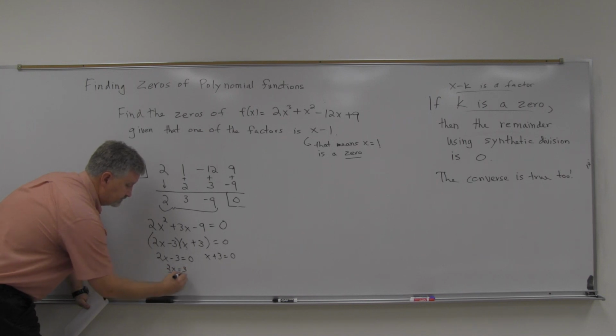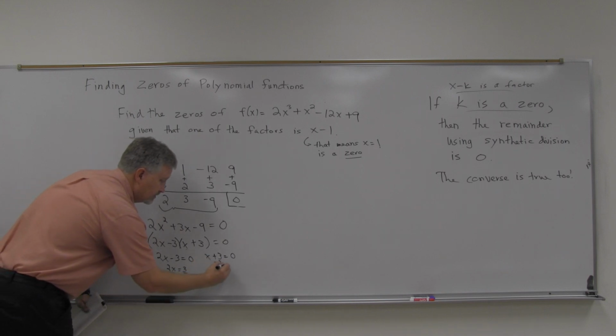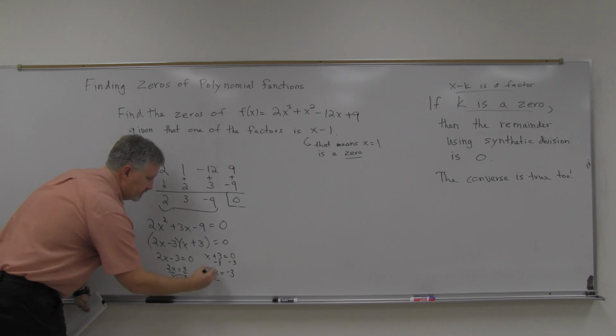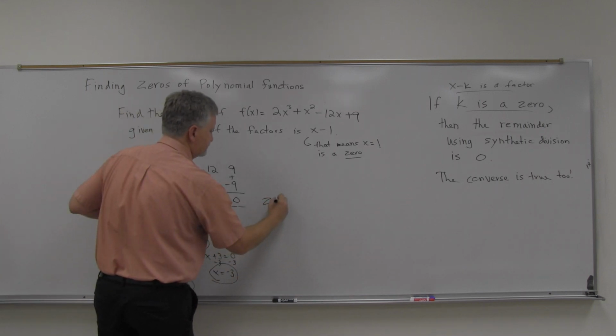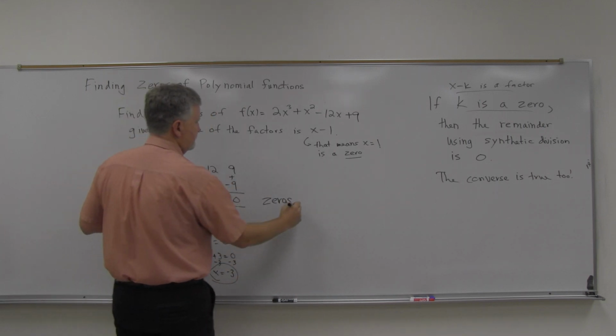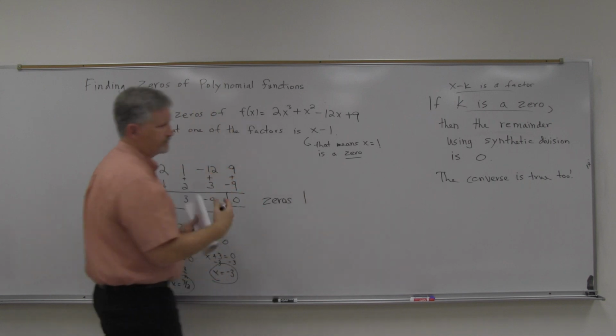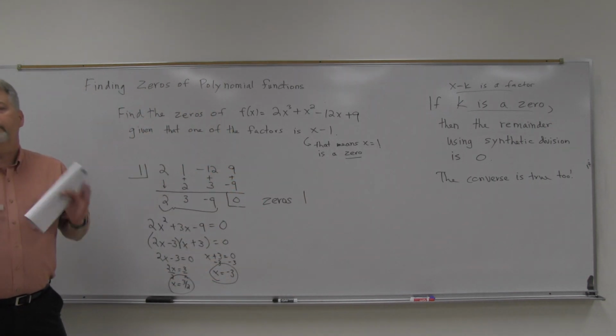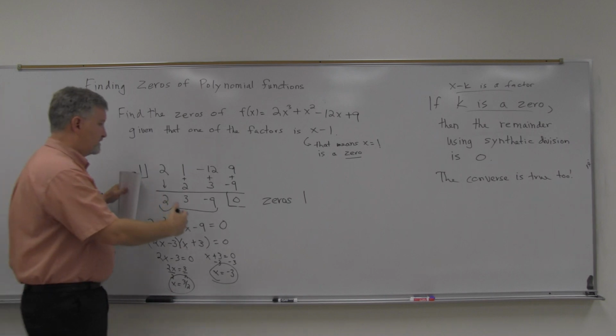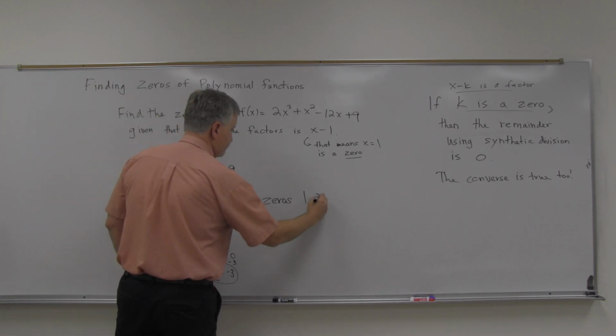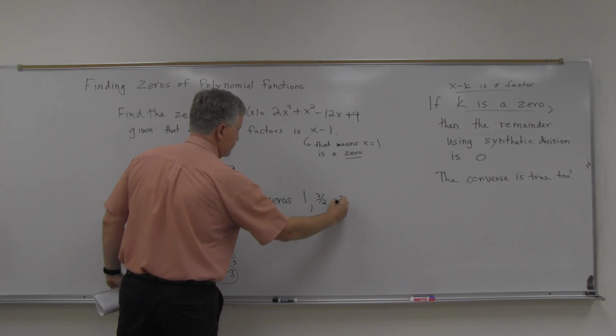So we've got 3 halves, and we've got minus 3. So my zeros here, we knew 1 was a 0, because that's what they're wanting on these problems. They're wanting the zeros, and so we've got 1 is a 0, 3 halves, and minus 3.